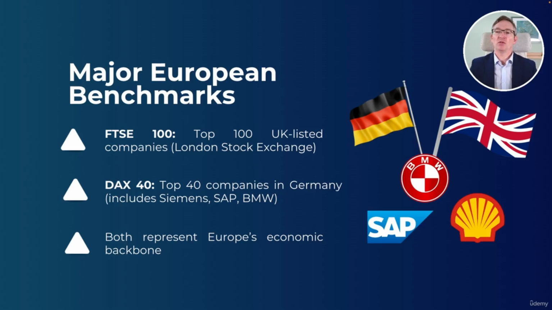But the world doesn't just stop there. It's not just the US and Europe. There are some other major global indices that you should know about. The Japanese Nikkei 225, that's 225 leading companies on the Tokyo Stock Exchange. Think of big names like Toyota, Sony. Canada, for instance, you've got the S&P TSX.